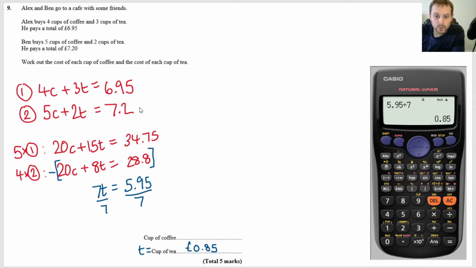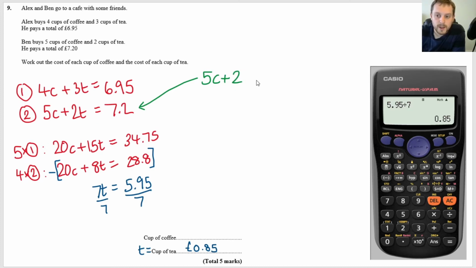Well, you just use any of your equations and substitute in the t number to then get an equation that just has c. So for the sake of argument, let's substitute it in here because it's the smallest amount of t. Just again, you could choose any of them. It just wouldn't matter. So I'm going to have 5c plus 2, but we know what t is now, right?